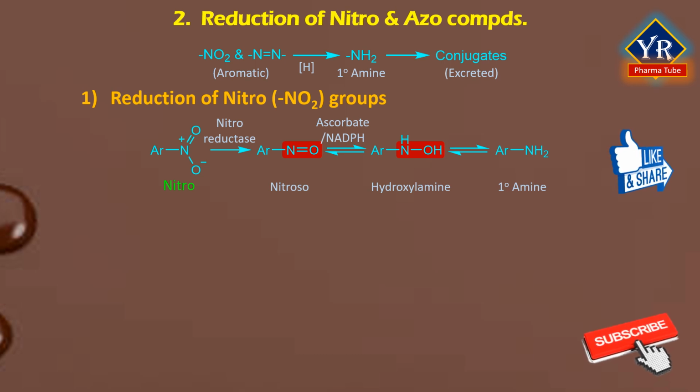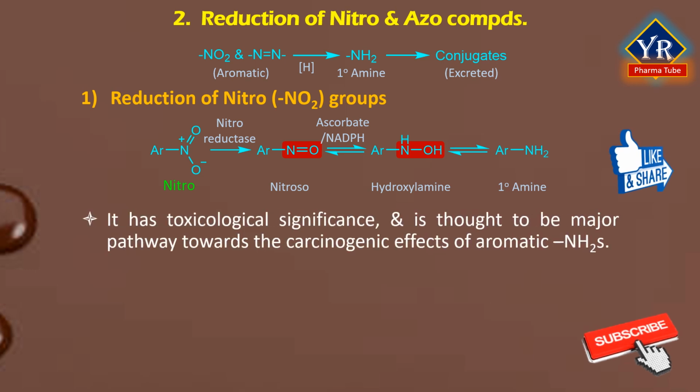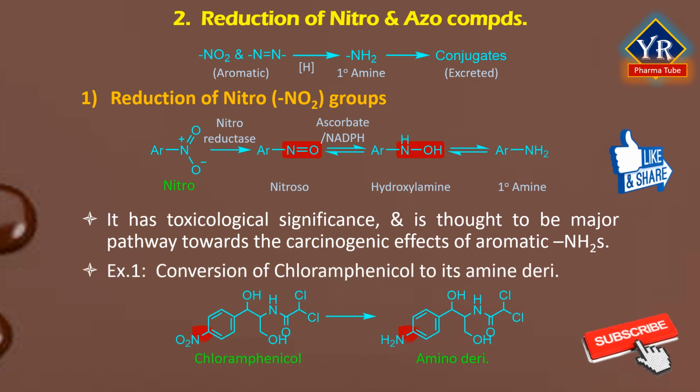There are not many drugs that contain a nitro group and most of them are toxic compounds. This reaction can have toxicological significance as nitro groups can be reduced to nitrosoarenes and hydroxylamines, and this is thought to be a major pathway towards the carcinogenic effects of aromatic amines.